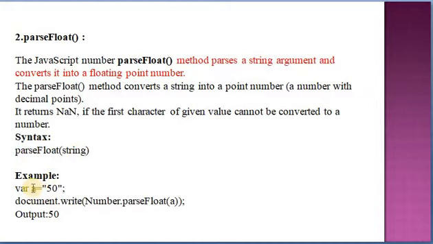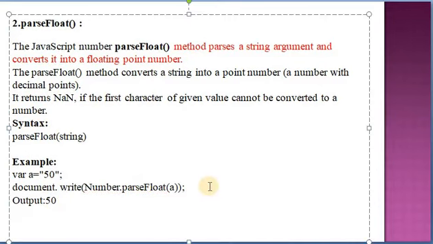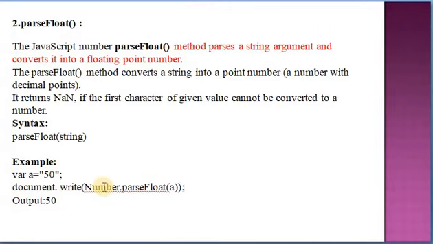For example, suppose here I am taking one variable, that is a is equal to 50. 50 is a string, and here I am printing this a by using the document.write method. Number dot parseFloat, here a, passing a, and here it will return 50.